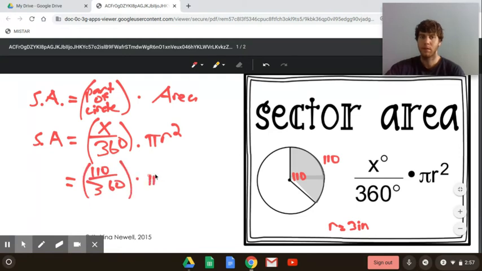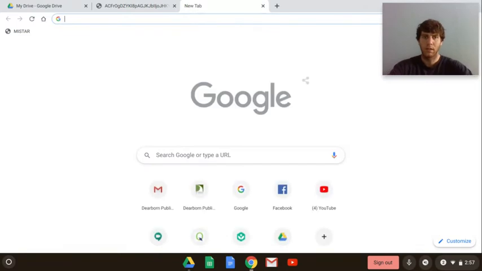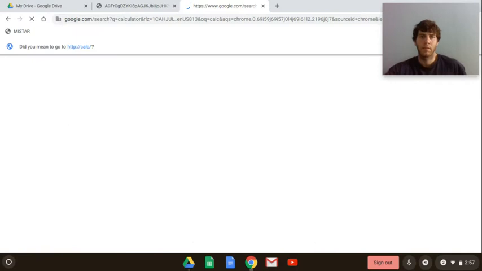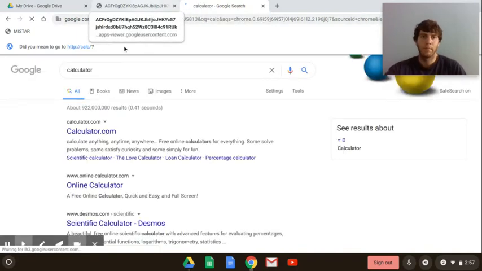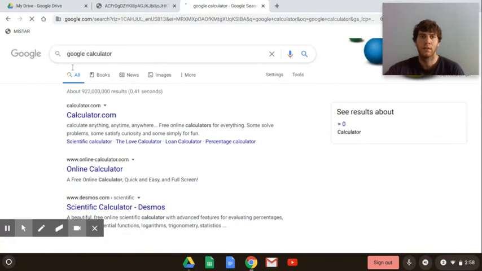We said our radius would be 3. So then we put that in the calculator: 110 divided by 360 times 9 pi. Closed out the calculator on accident. So let's bring it up. For some reason you have to type in Google calculator now into Google instead of just calculator.